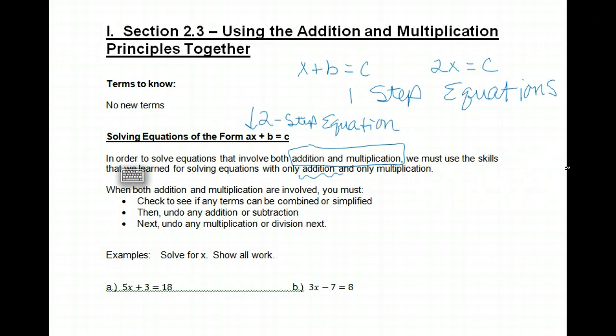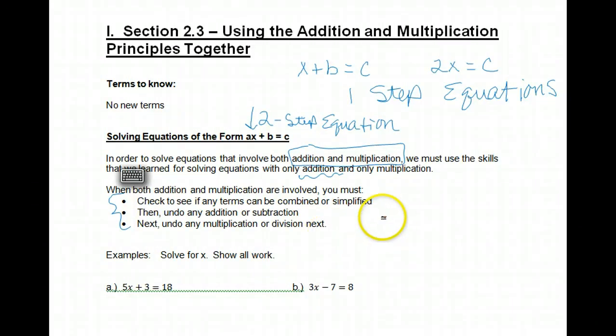So now that we have reviewed what we covered in the beginning parts of Chapter 2, we can refer back to what we learned when we had only the addition and only the multiplication. And now that we have both addition and multiplication, these steps right here are the steps that you are going to have to follow in order to solve a two-step equation.